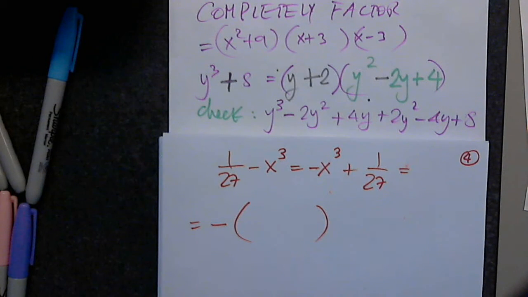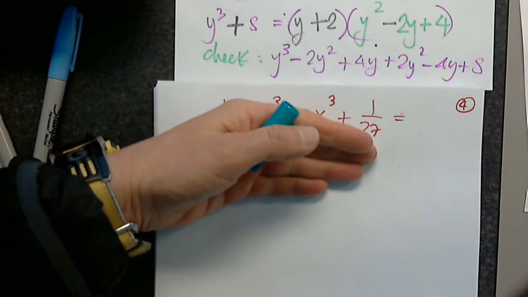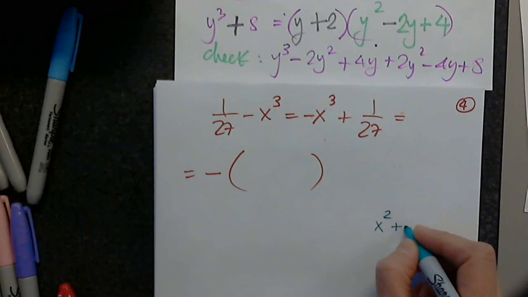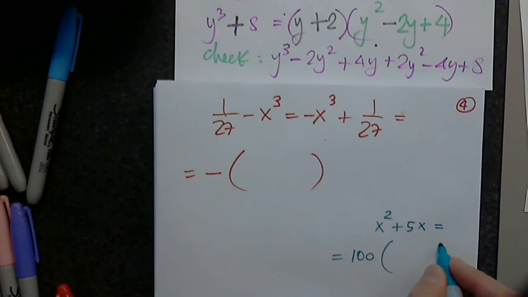I can factor out anything I want from anything I want. For example, this is a side thing. We're not finished here. Let's say I have x squared plus 5x, and I want to pull out 100. You could say that's insane.